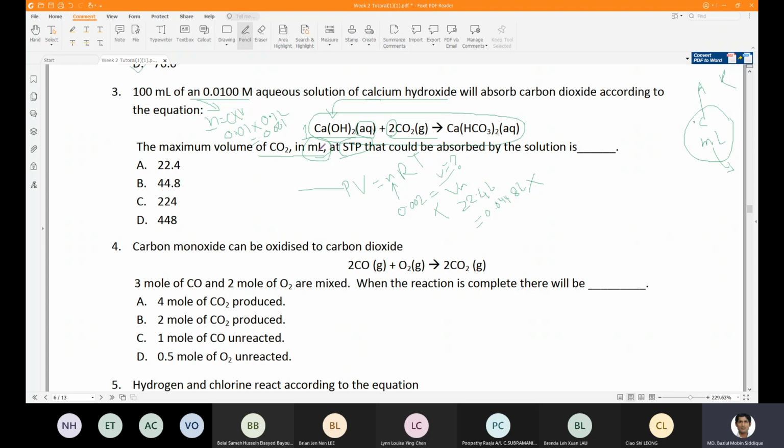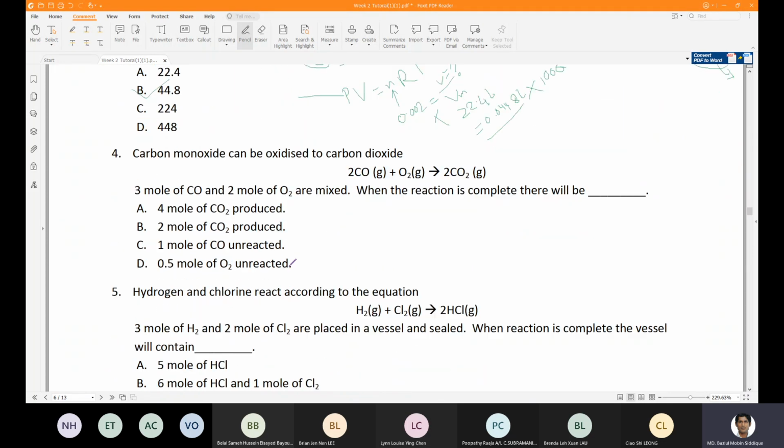If it says milliliters and you just leave the answer like that, you are losing 1 or 2 marks already. So be careful. We multiply by 1000 milliliters, and then it will be 44.8 milliliters.